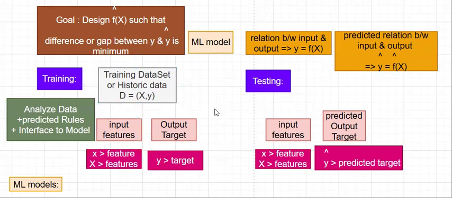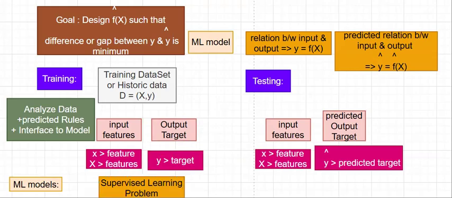The input labeled data is already available to our model and the output is also available. Such classification or regression, we call a supervised learning problem.